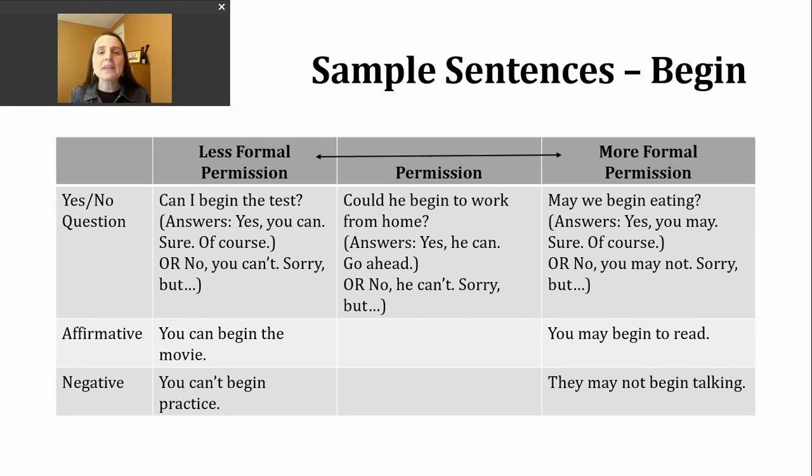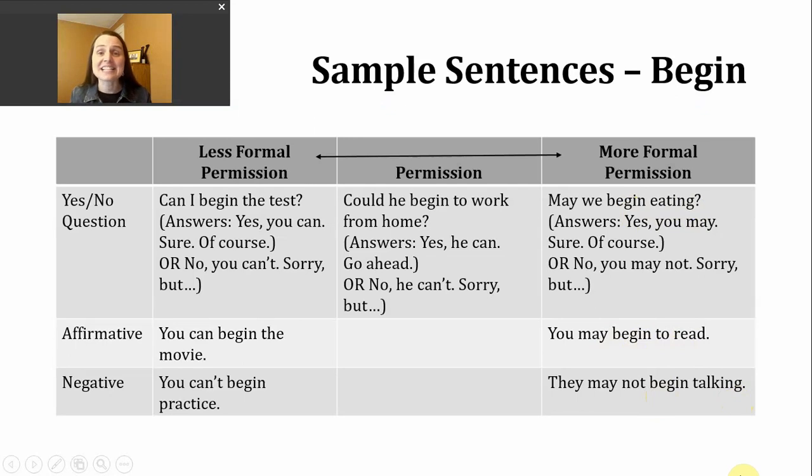So one last note, as you looked at some of the examples here, I'm going to point a few of them out. You'll notice in my mid-level of formality here, I use the phrase begin to work. And then in my more formal here, I used begin eating. I have begin to read, begin talking.